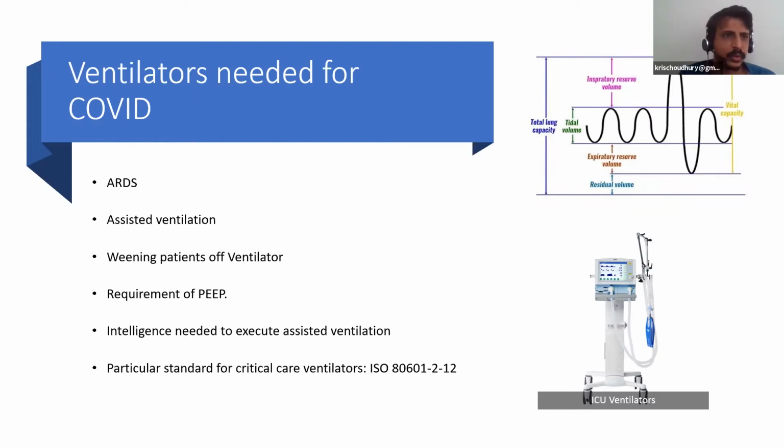Nowadays, COVID usually induces something called ARDS, which is acute respiratory distress syndrome, and that can mostly be tackled with an ICU ventilator. The Mapleson circuit and anesthesia ventilators can only be used when patients are sedated under anesthesia, and you induce a coma and then give them that ventilator.